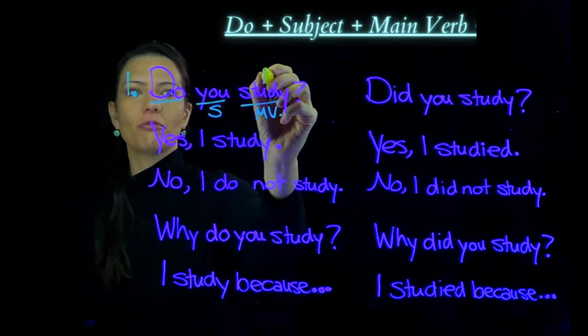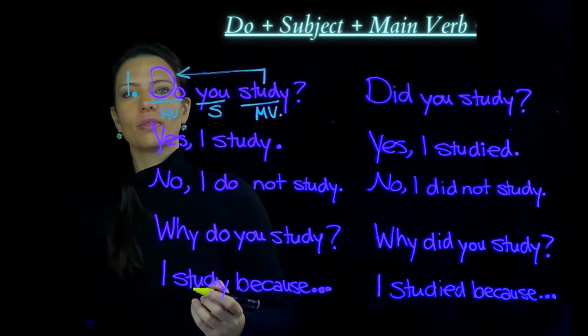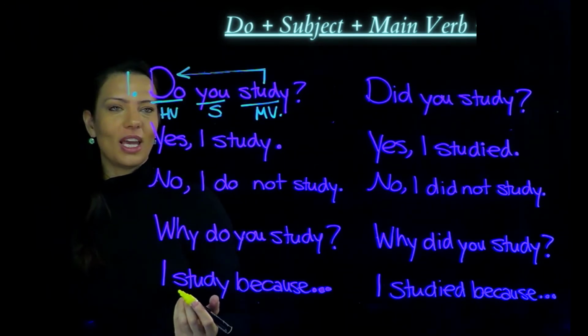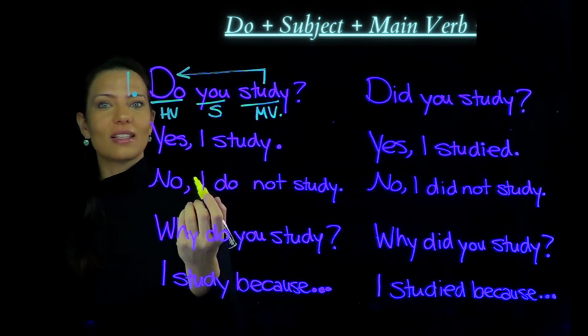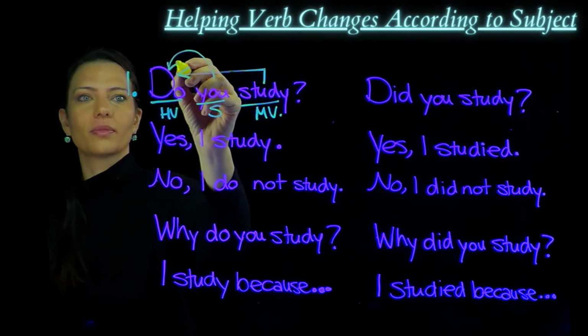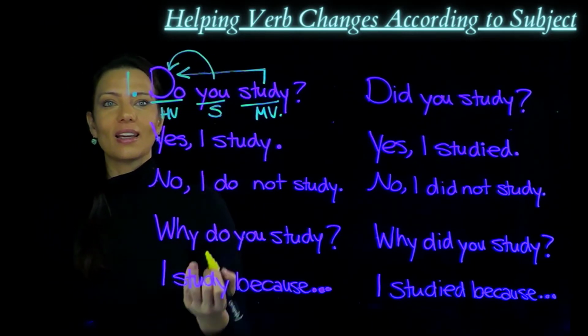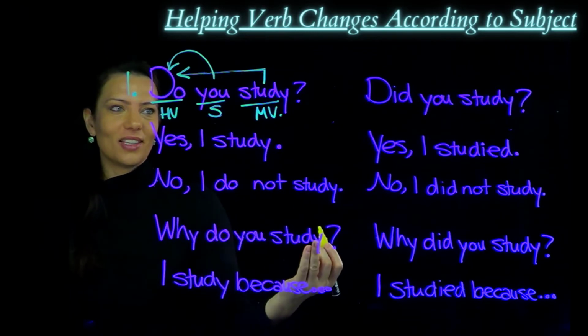So this main verb is being helped by the helping verb. The helping verb is "do," and we can see that that is in the simple present, and it's according to this subject. If it were "he," we would say, "does he study?"